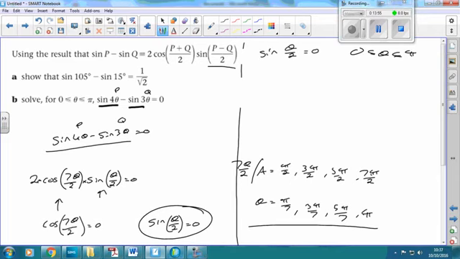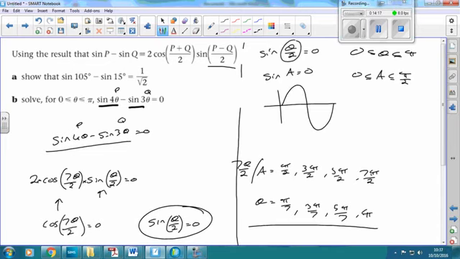Okay, so we replace this with an a, so that's going to be sine of a equals 0. And then a, because we're dividing by 2, is going to be between pi over 2 and 0. You have a look at the sine graph. So it's only going between 0 and pi over 2.